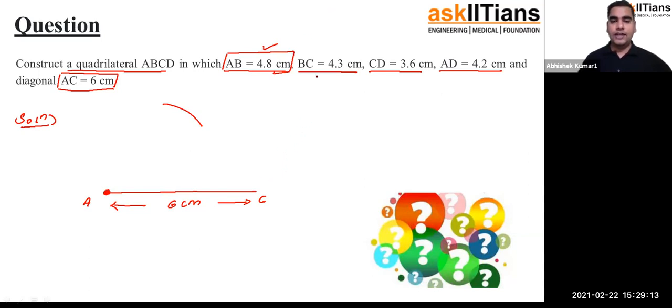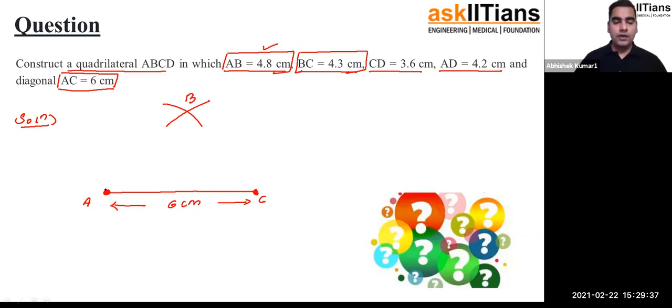After that, you have to assume C to be the center. Assuming C to be the center, you have to mark an arc whose length is equal to BC, which is 4.3 centimeter. And you will observe that both the arcs that we have drawn cut each other at one point, and you are going to call that point B.